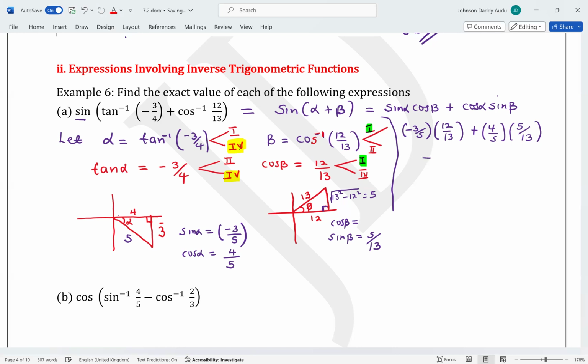Now, this is going to be minus 30 over what? 36 plus 20 all over 65, right? And this is nothing but minus 16 over 65. All right, so this is the final answer for this expression, minus 16 over 65.